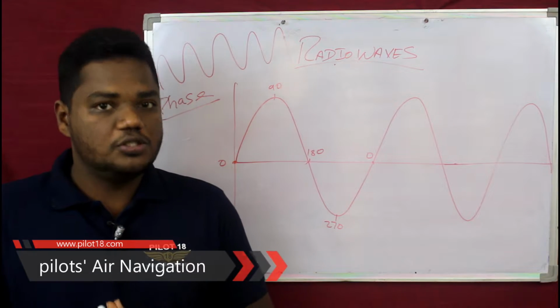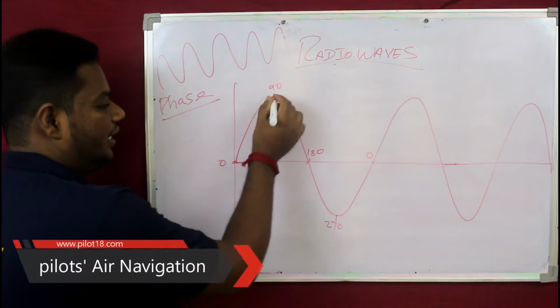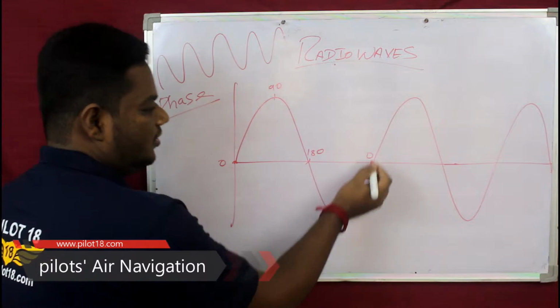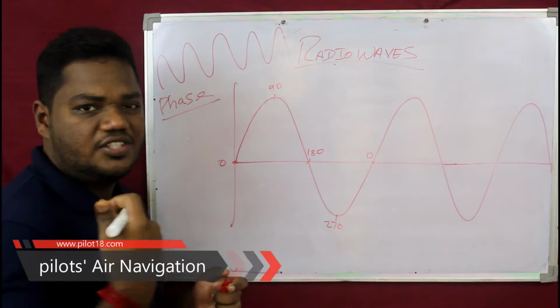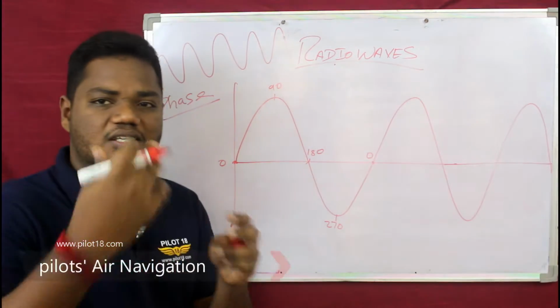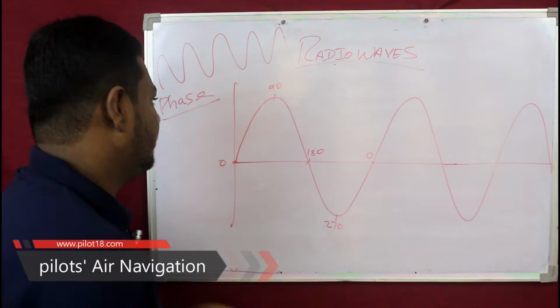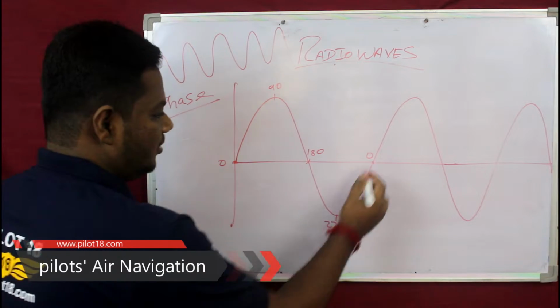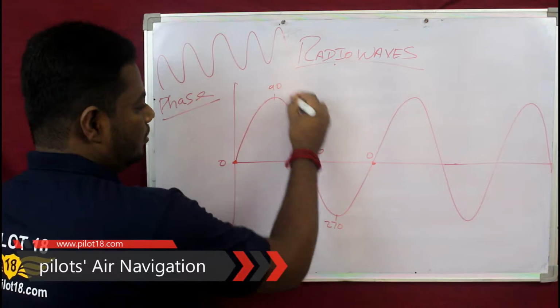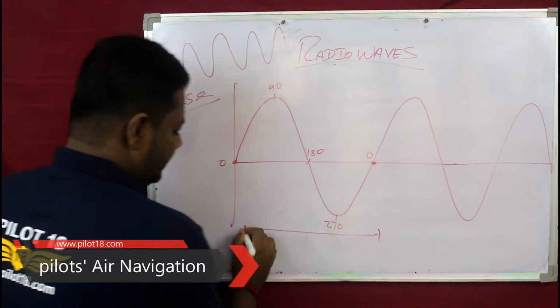The method which we use to measure radio waves is phase. Okay, 0, 90, 180, 270, 360 degrees, just like a 360 degree angle. And it keeps on going, again repeating, 90, 180, 270, 360, and so on, right? So this is known as phase. And from 0 to 0, one complete cycle.